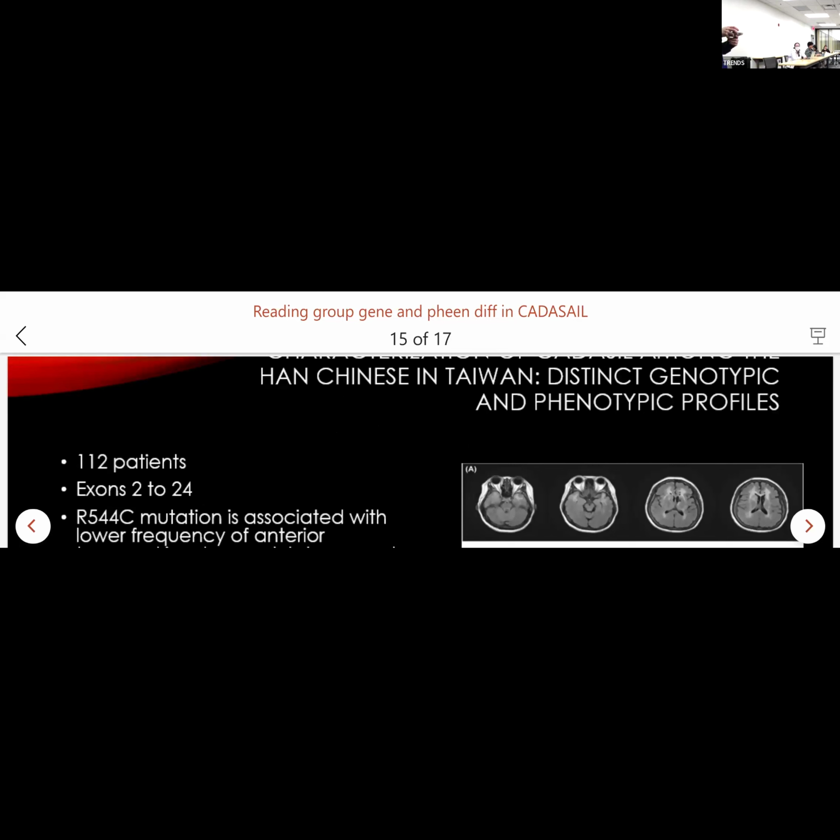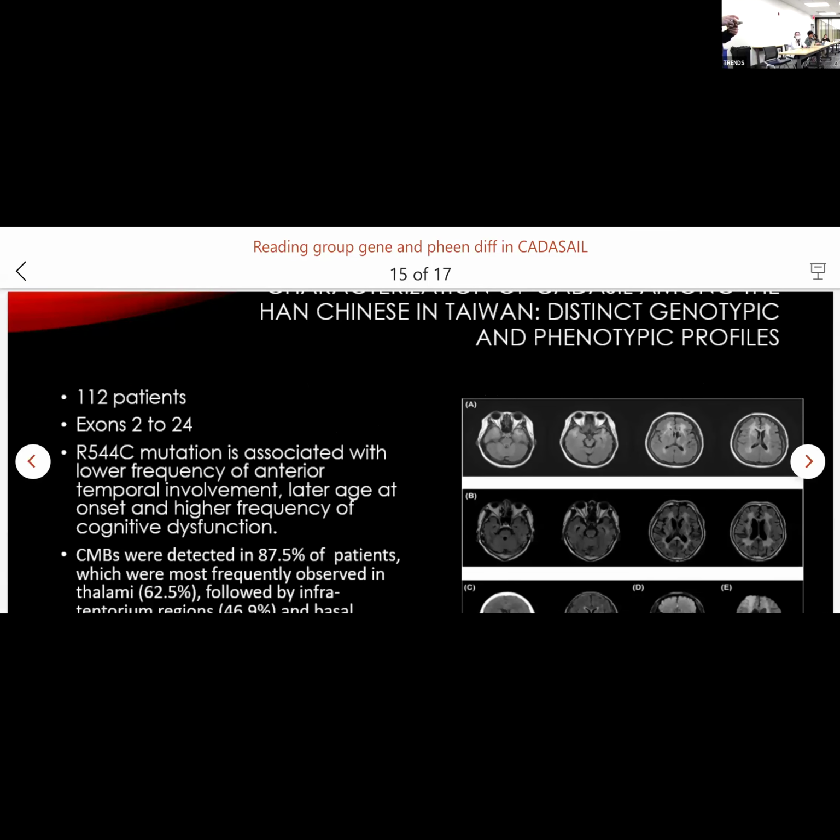The mutations were from exon 2 to 24, and they used qPCR, Western blotting, and also imaging techniques to register clinical symptoms as well. What they found is that it's associated with a lower frequency of anterior temporal involvement in white matter hyperintensities, a later age of onset, and a higher frequency of cognitive dysfunction itself.